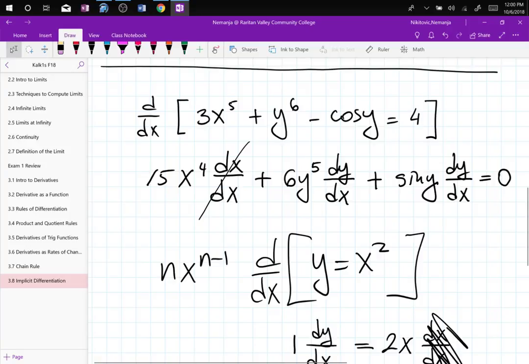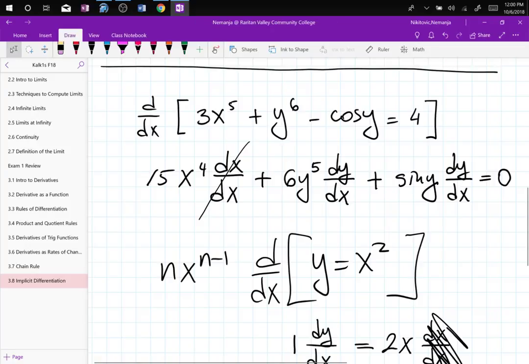Hop to the next one. y to the 6. It's the same as x to the 6, right? 6y to the 5. I took the derivative of y in respect to x. They don't cancel. Leave it there. Same for cosine term, derivative of constant is 0.